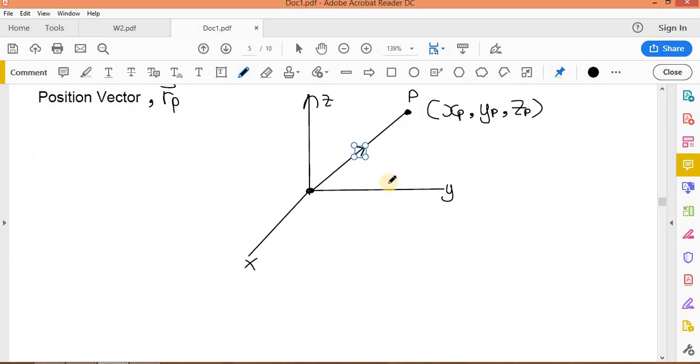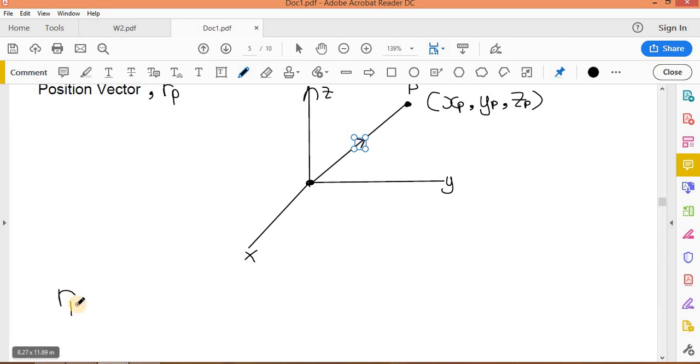In order to get this RP, you have to take the value here and minus the value here, which means your xp minus the coordinate of the origin. For the origin, the coordinate is 0, 0, 0.